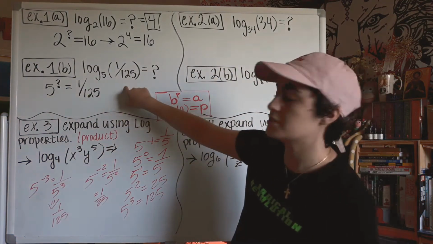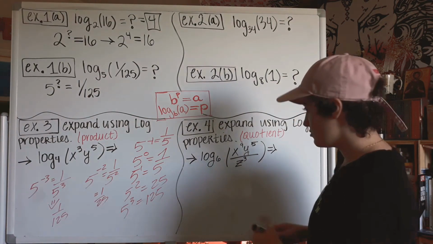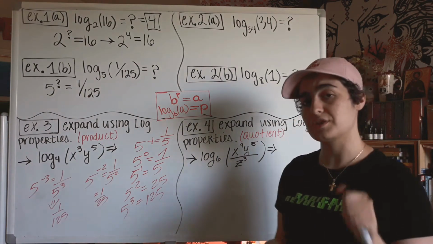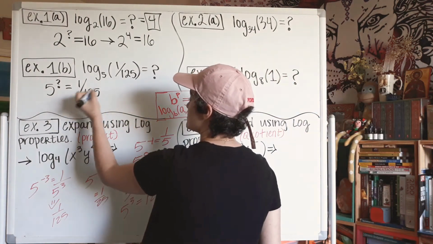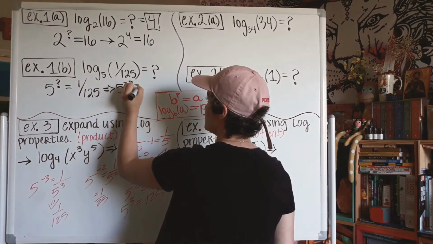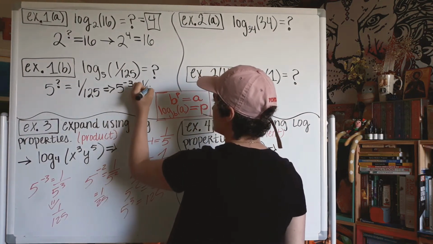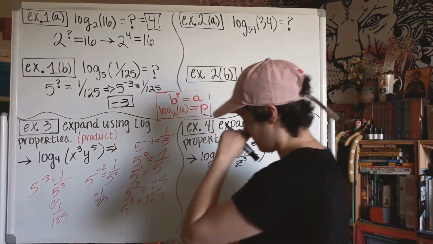So your answer here is actually negative 3. So it is really handy to know those laws of exponents. Okay, so 5 to the negative 3 gives me 1 over 125. Negative 3 is my answer here.